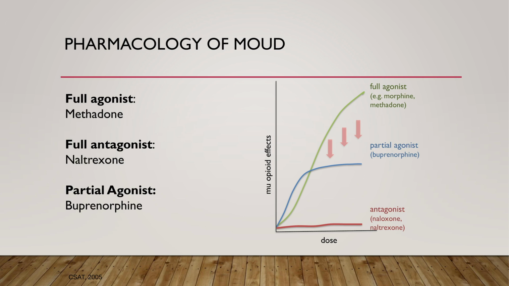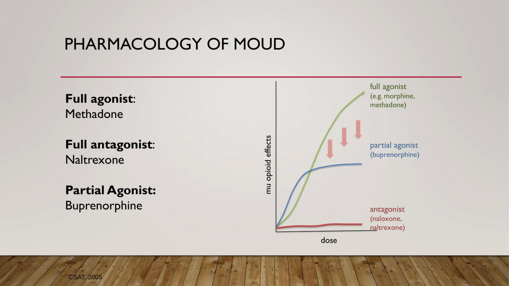Increasing the dose no longer increases the effect, and it doesn't really cause any increased side effects. That's really the reason why we're allowed to prescribe this medication outside of a methadone clinic or opioid treatment center, because this pharmacology makes it a very safe medication to prescribe. It is very hard to overdose on buprenorphine, unlike methadone, where if a patient were to take, say, a week's worth of methadone in one day, they might cause an overdose.